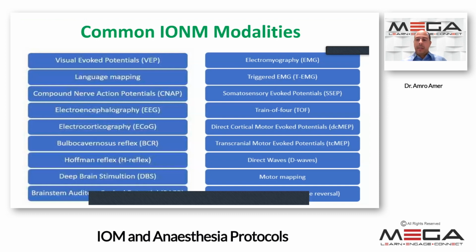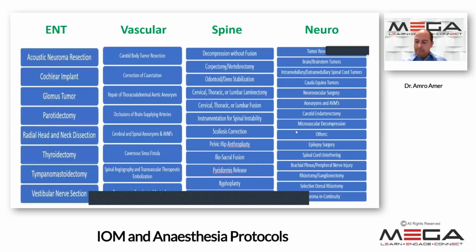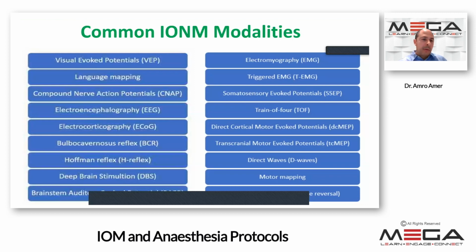Direct cortical mapping, motor mapping, transcranial motor mapping. D-wave is another way of motor mapping, but it has different parameters and a different setup. Cortical mapping and speech mapping. Visual, language, nerve action potential, that's usually for peripheral nerves. EEG is mainly for aneurysm, cranial aneurysm, etc. Electrocorticography is usually for epilepsy cases.